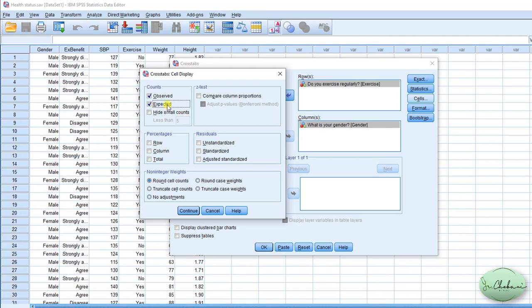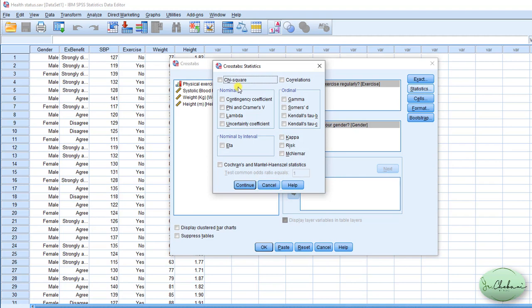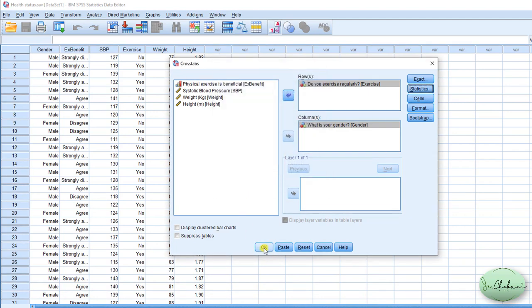Remember that we had to calculate these by hand, but you can also get these in SPSS. Under Statistics, we also want the chi-square value, so we take that option, then we continue.